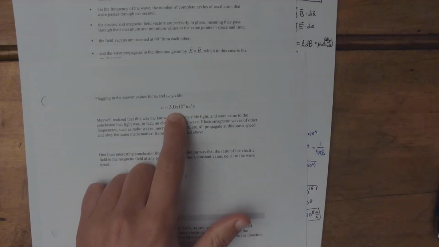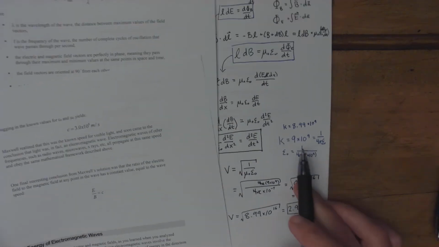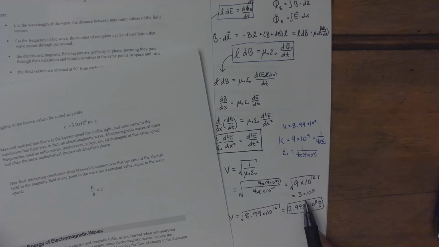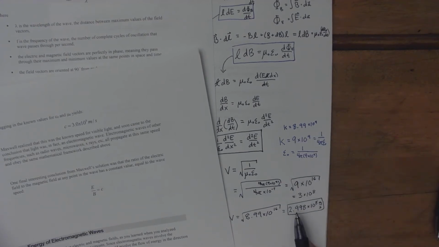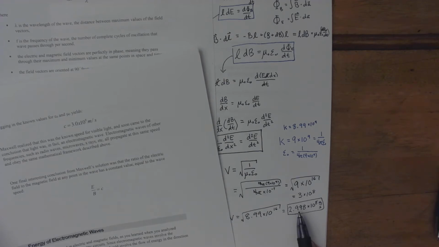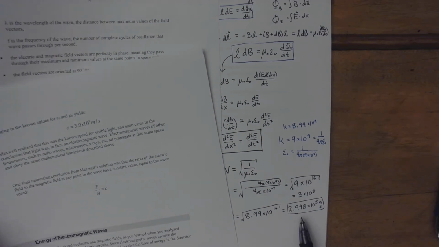The speed of light, which is 3 times 10 to the 8th meters per second, is what we get if we say K is 9 times 10 to the 9th. Or more exactly, if you say K is 8.99 times 10 to the 9th, you get 2.998 times 10 to the 8th meters per second, which still isn't the exact value for the speed of light, but it's closer.